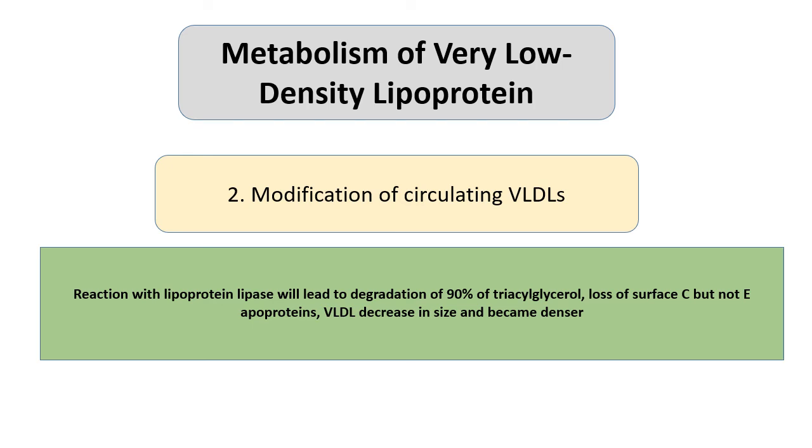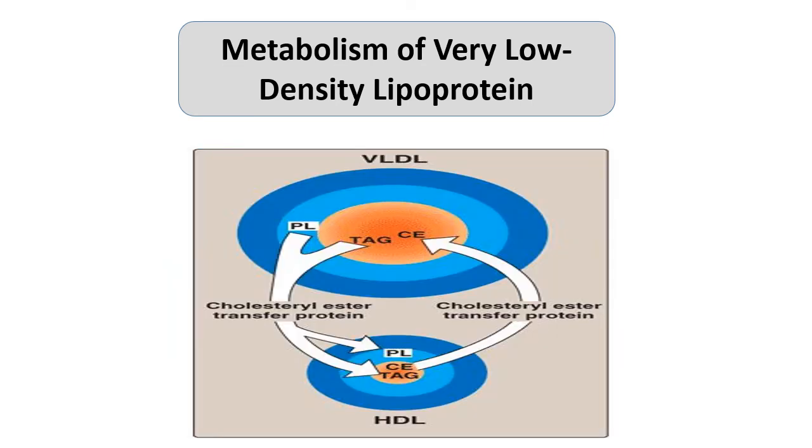Reaction with lipoprotein lipase results in the loss of approximately 90% of the triacylglycerol of VLDLs and the loss of ApoC, which returns to HDL, but not ApoE, which is retained. The remaining triacylglycerols are transferred from VLDL to HDL in an exchange reaction that at the same time transfers cholesterol esters from HDL to VLDL.